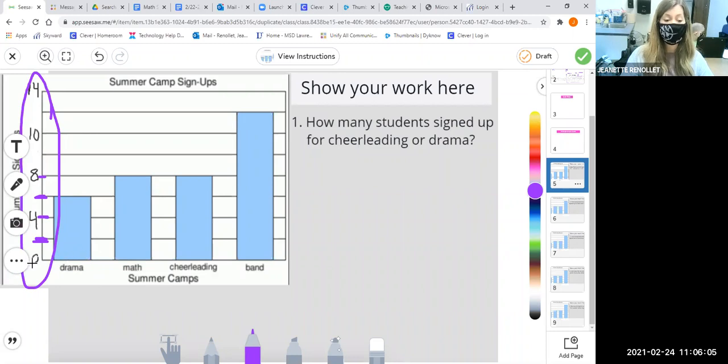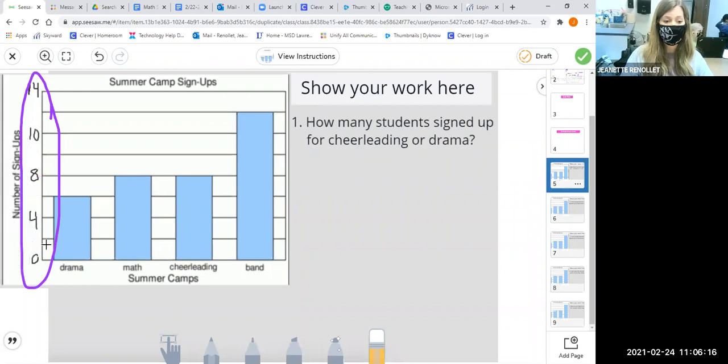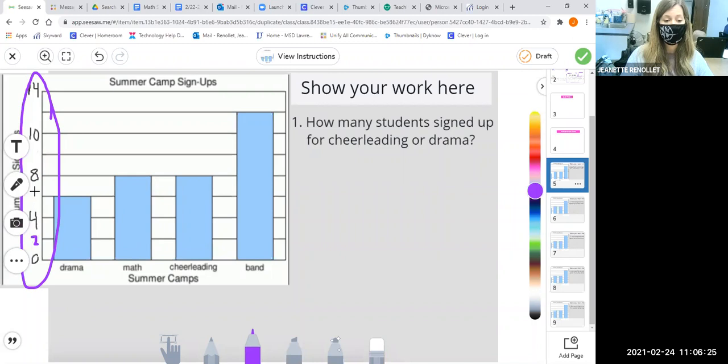So this is tricky. You might look at it and think the scale is 4, that they're counting from 0 to 4, but that is not correct because of these lines. Our scale is counting by 2. It goes from 0 to 2, then 4, then 6, 8.